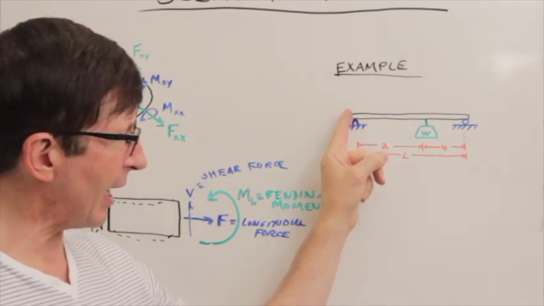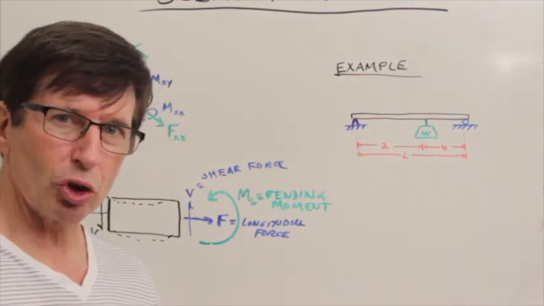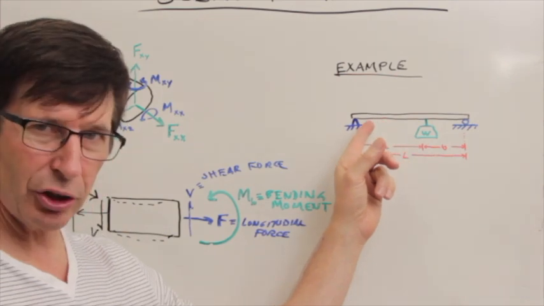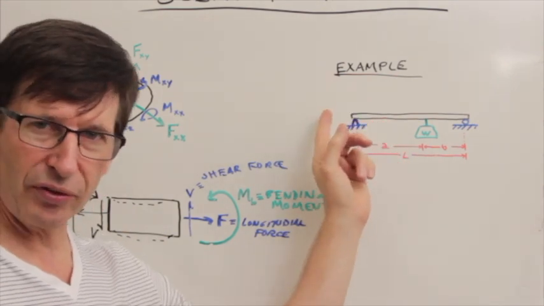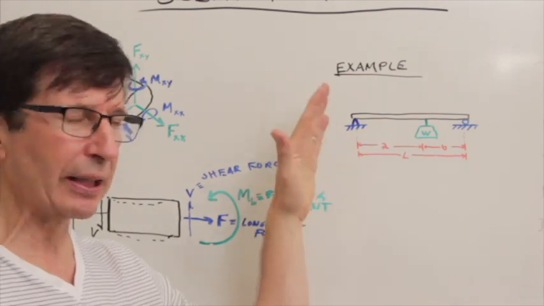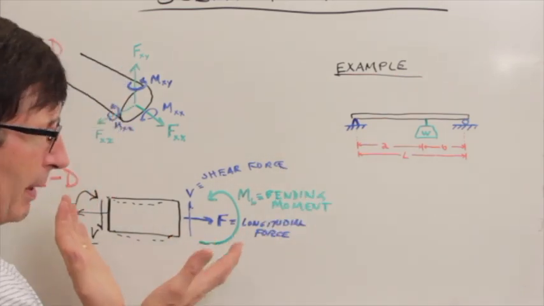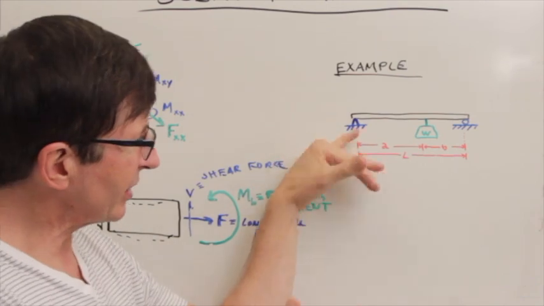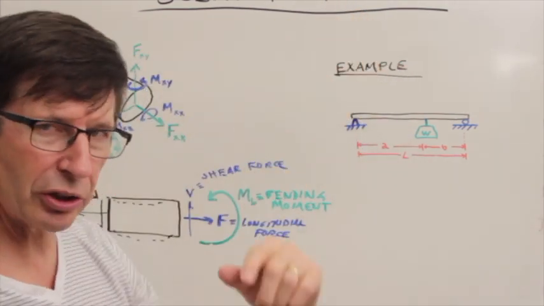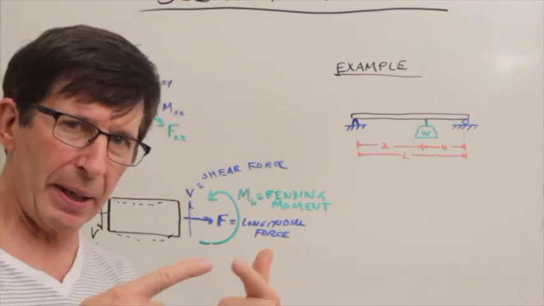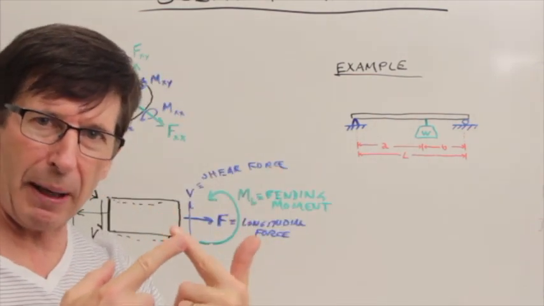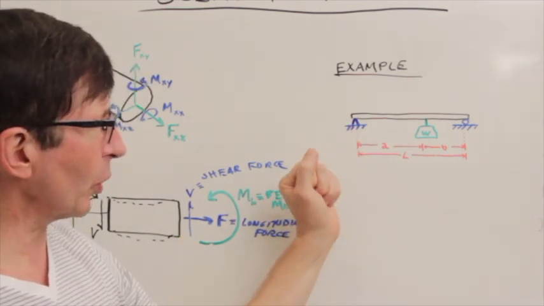And the pin at the top is constrained such that it cannot move in the X direction and it cannot move in the Y direction, but it is free to rotate in this maybe smiling or frowning sense. So it can have an angle at this point, just like you would expect a real pin between two structures to allow one to rotate about the other. So this is a pin joint.